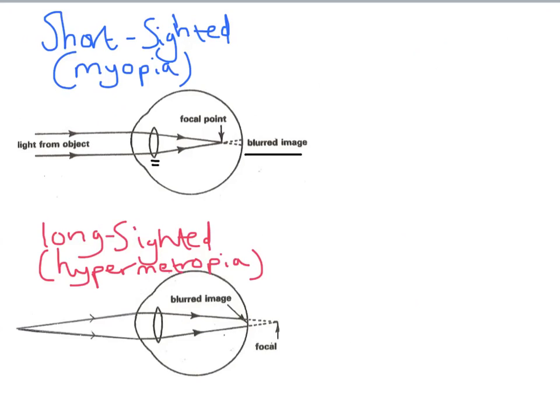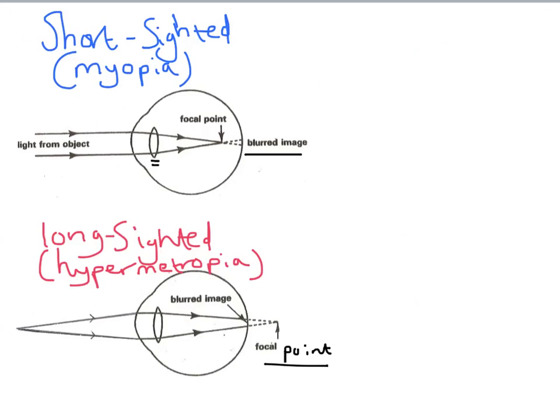But because the object is so close up, those light rays aren't able to be bent or refracted quickly enough in time to focus on the retina. So again, we get a blurred image. And if we follow those light rays back, as we see here, the focal point would, if we imagine, actually be beyond the retina.